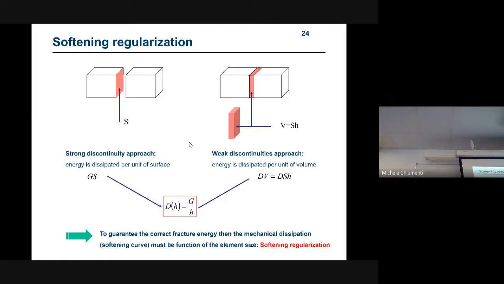On the other side, you have the dissipation, which works per unit of volume. Is it clear? So the relationship between the fracture energy and the dissipation depends on H, on the size of the crack that you use to regularize the crack or the slit line. Okay.